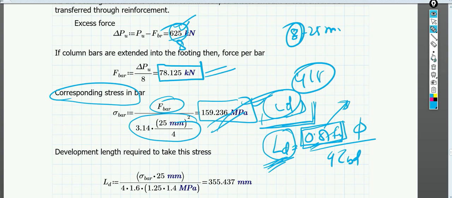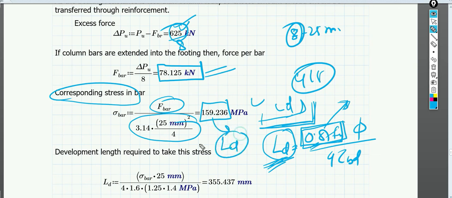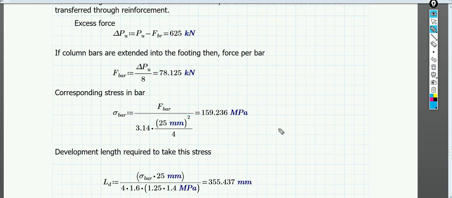Now here, the force the reinforcement should take corresponds to 159 MPa, and how much development length is required for that is important to find out. So in this case, we will just replace this 0.87 Fy with this sigma into φ by 4 τbd.